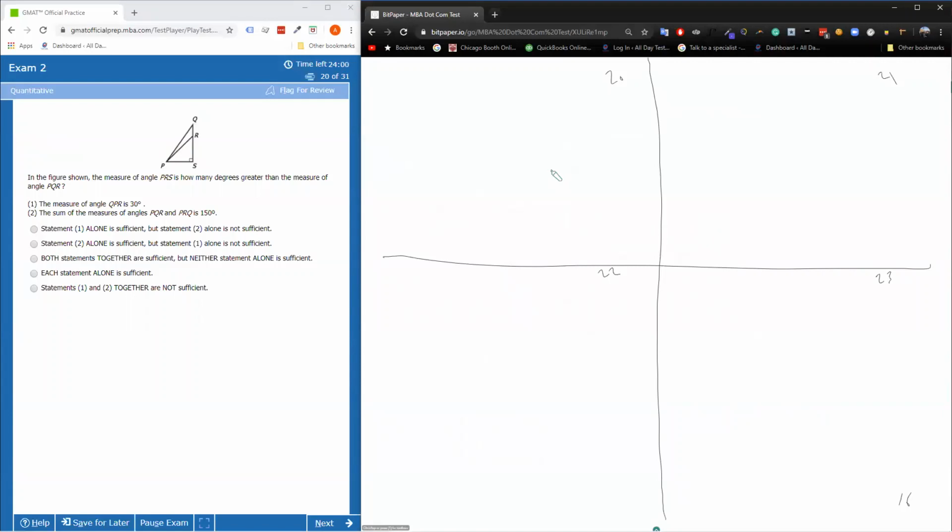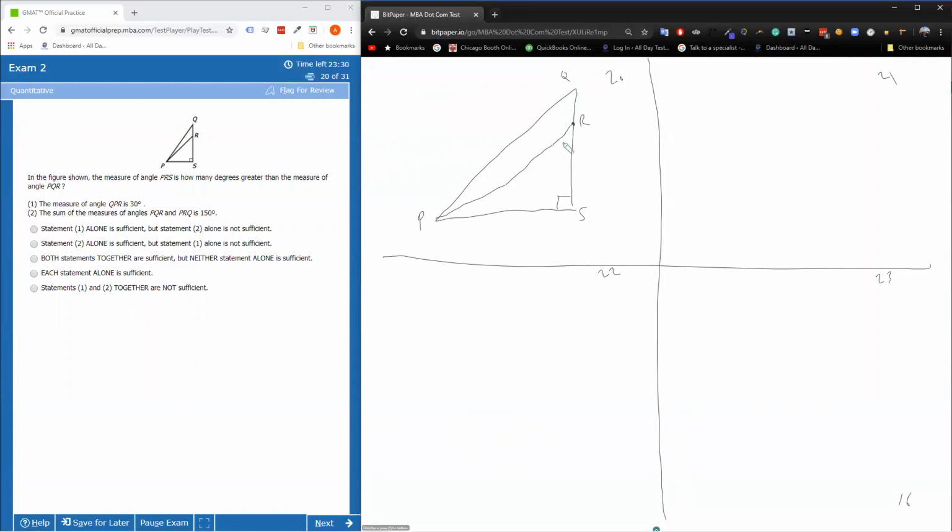In the figure shown, the measure of angle PRS is how many degrees greater than PQR? PRS.